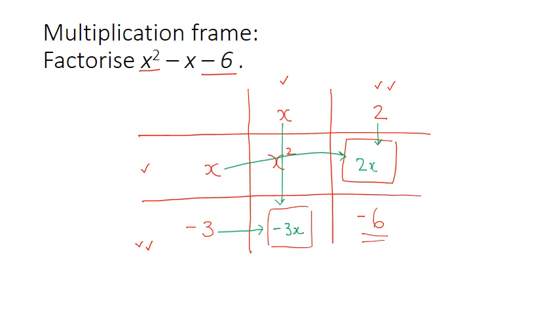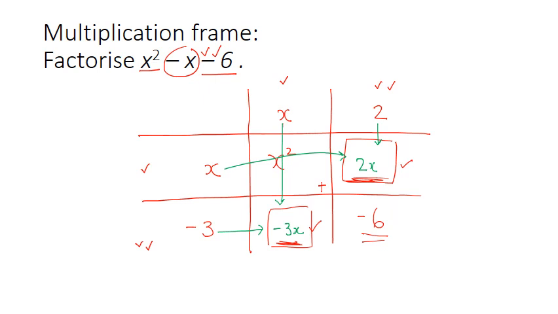Now, to verify whether the values here are correct, we have to add them up together to see whether they give us our middle term. So if we were to add 2x to minus 3x, that gives us minus x, which is the middle term.